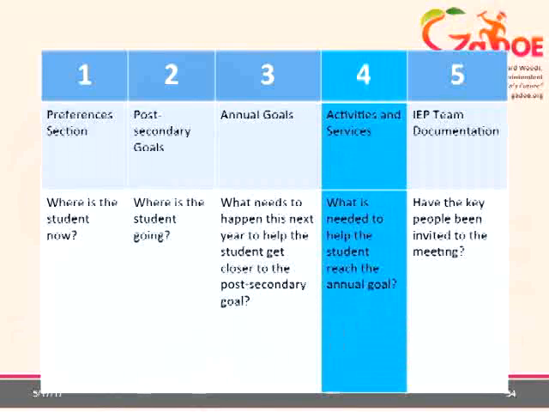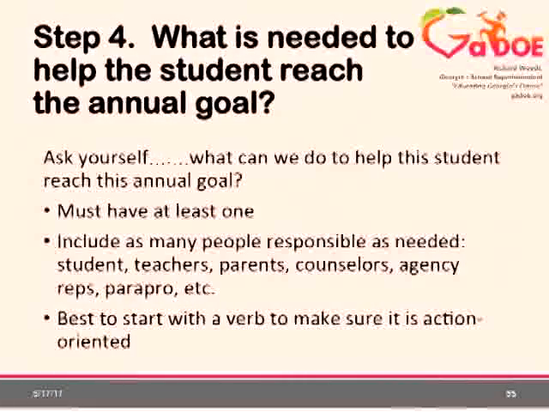So now it's time to work towards step 4. Take a look at step 4. And this is where we move just past the annual goals and we talk about what activities and services are going to be needed for this student to help them accomplish this annual goal. And so the rule that we're going to follow, and again on your transition planning checklist, you must have at least one activity or service for each goal that you've written.